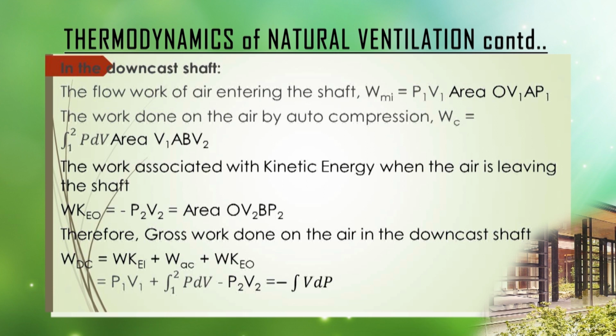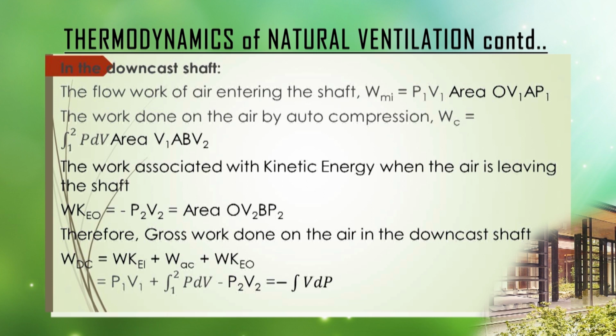Again, the work associated with kinetic energy when the air is leaving the shaft is shown by W equal to P2 V2. This means new pressure P2 and new volume V2, and this is shown by area O V2 B P2.